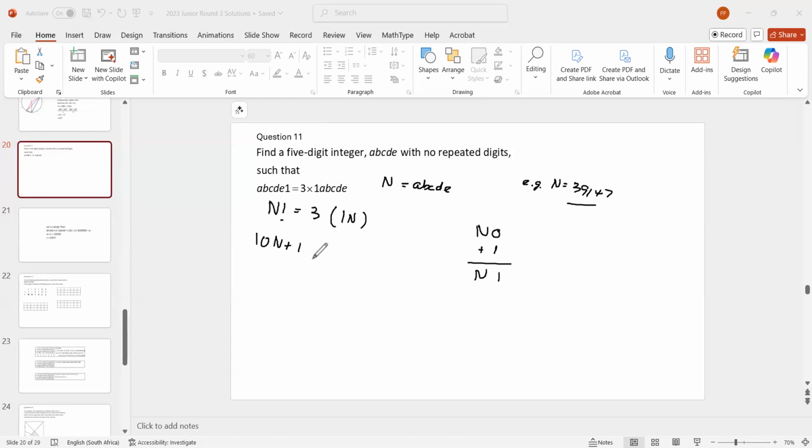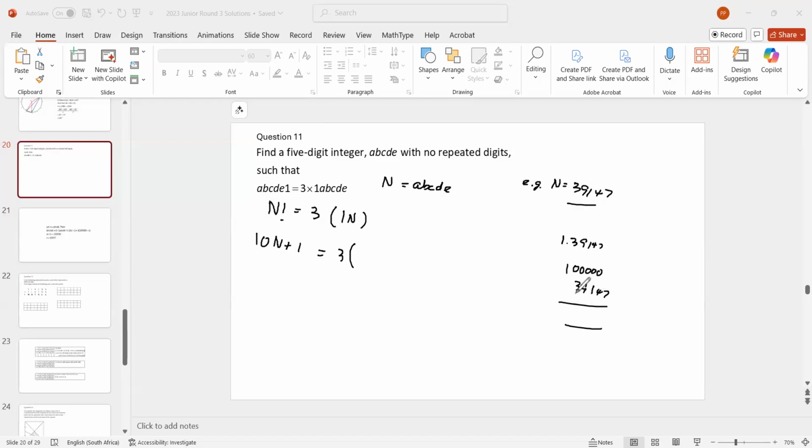And this is equal to 3 times the 1n. If I put 1 in front, it gives 139147. This is really 1 with 5 zeros plus 39147.